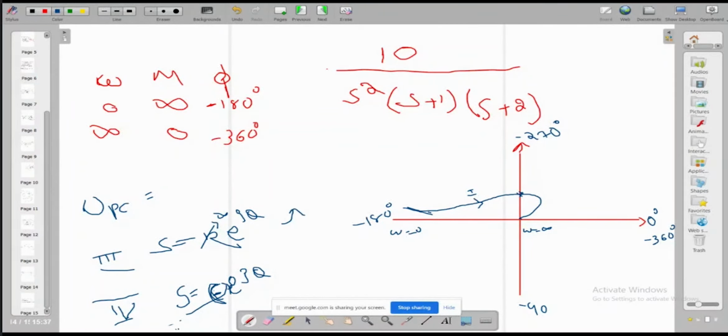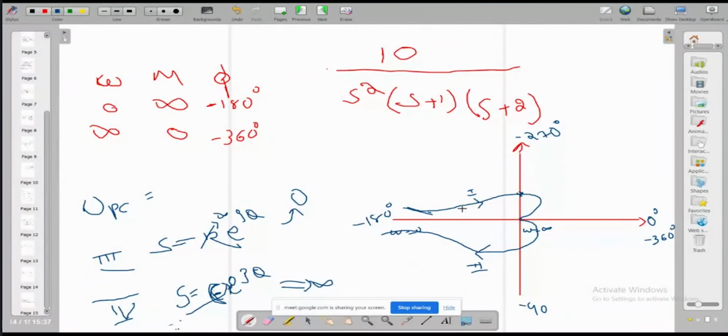So for path number 3 you will find magnitude 0. And for path number 4 you will find the magnitude is infinity and the direction is from plus pi by 2 to minus pi by 2. First you have to make sure path number 2 is the mirror image of path number 1.